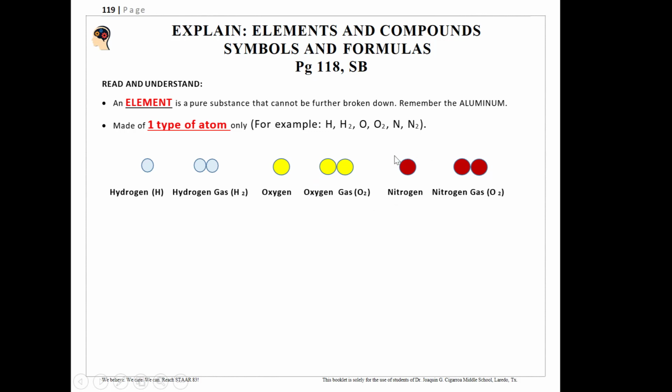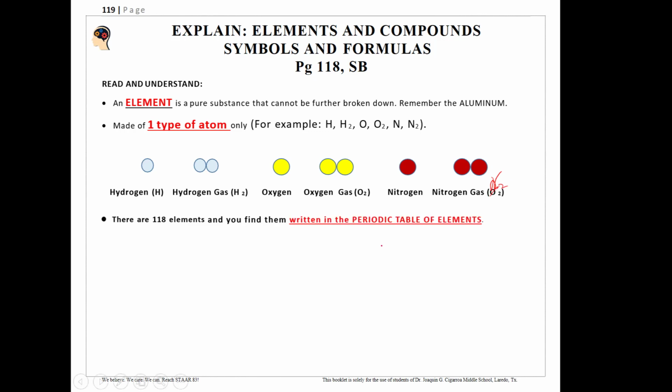In the same manner, nitrogen is an element, and nitrogen gas is made up of two atoms of nitrogen. Now, do you notice something? I have an error again, and that should be nitrogen gas, not oxygen.